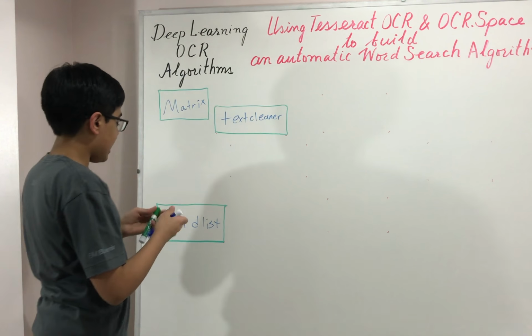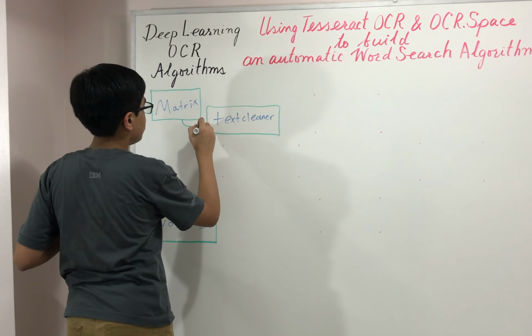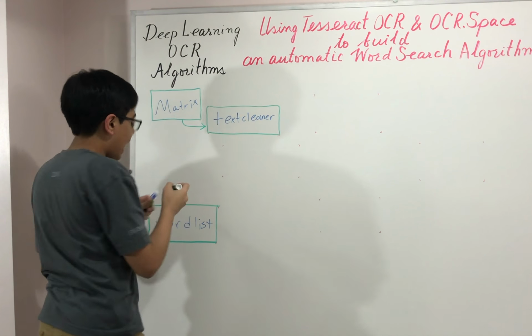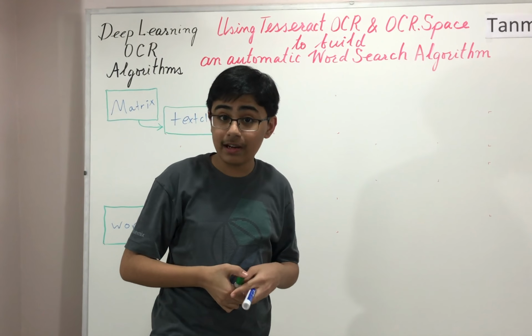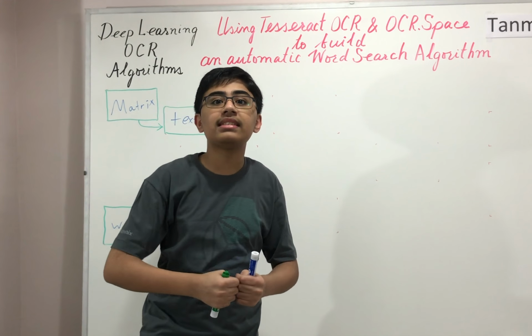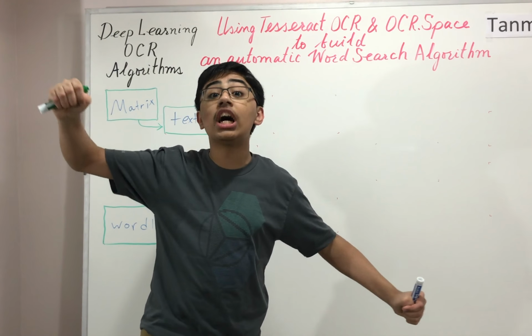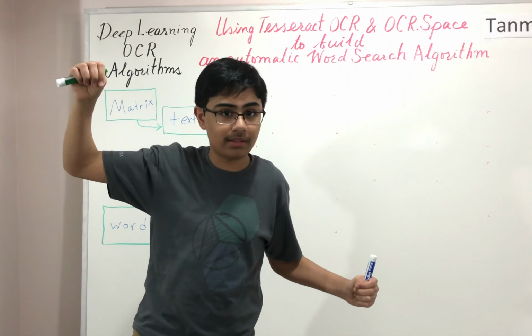Alright, now after the image of the matrix has been sent to Text Cleaner, we need to send that image that Text Cleaner outputs, the cleaned version of that image, and we need it to be scaled up a lot.